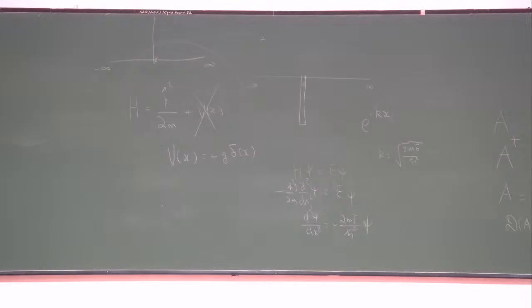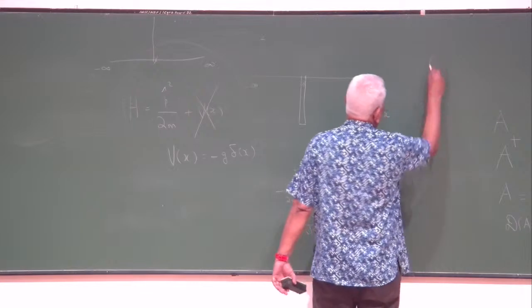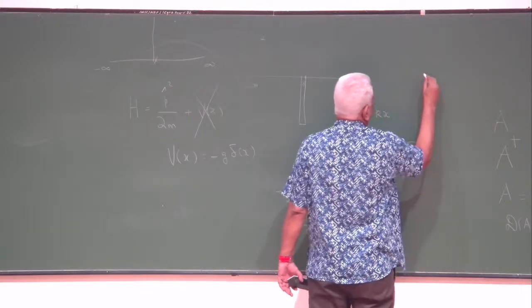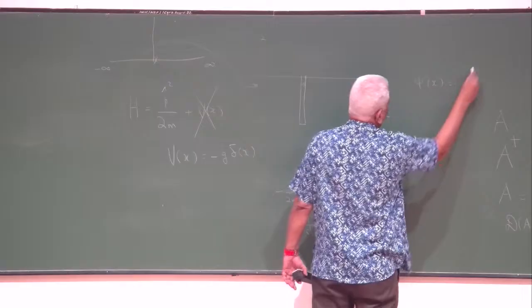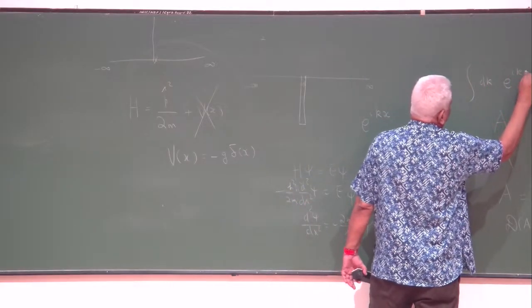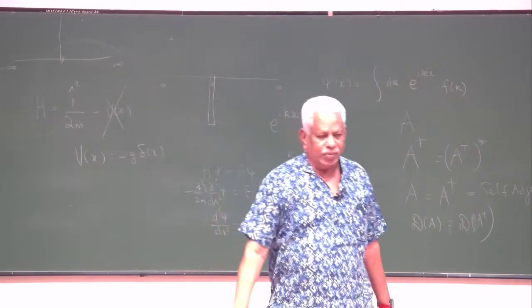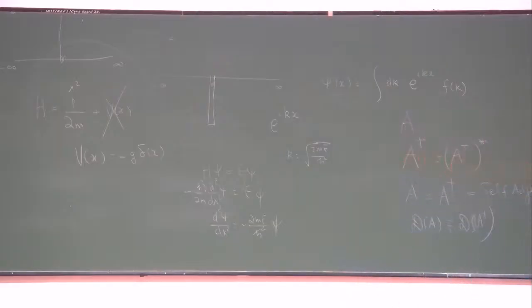In general, a function psi of x like the integral dk e power ikx f of k can be square integrable, because I have put an f of k. For large values of k, it can go to 0. This kind of function is called a wave packet.